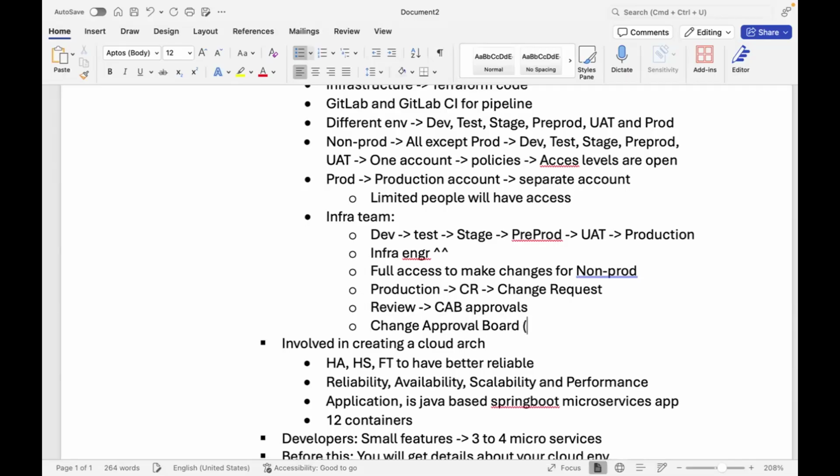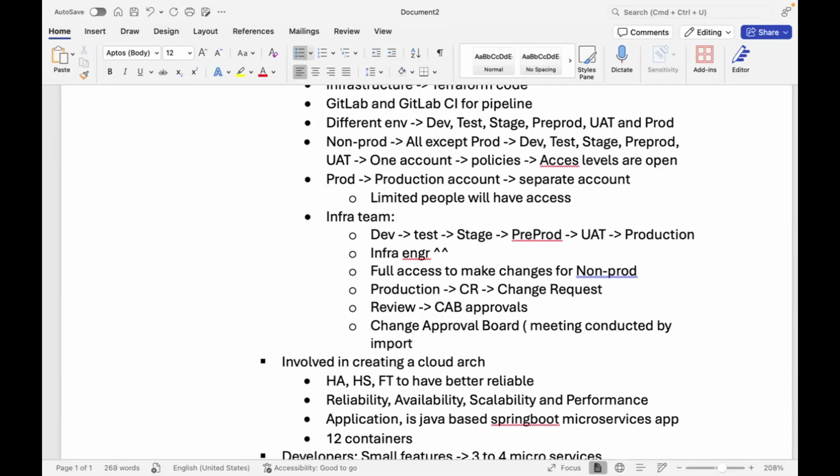So there will be a meeting conducted by important stakeholders. Please make sure it is stakeholders; there are some different spellings people use.